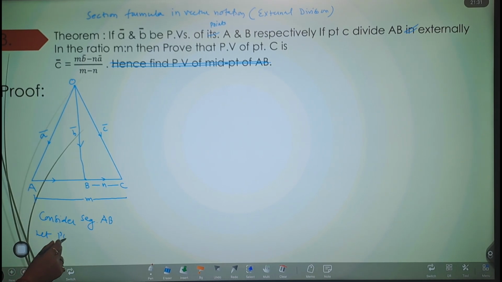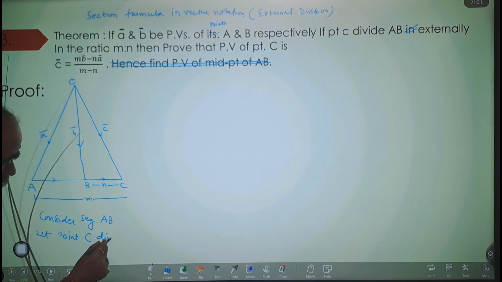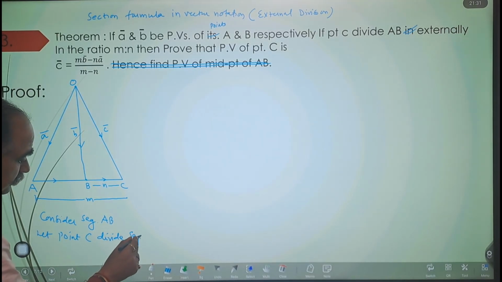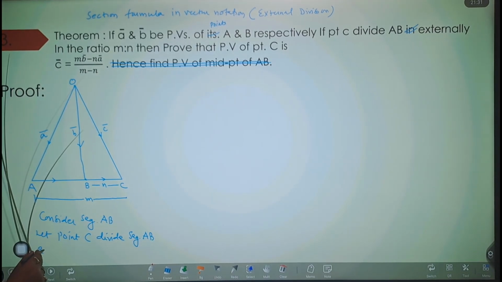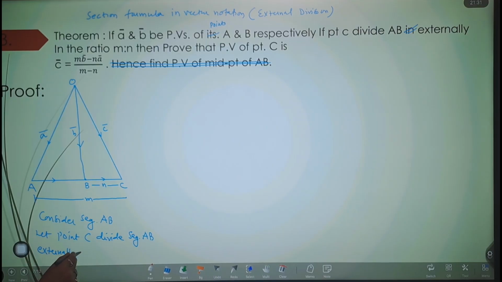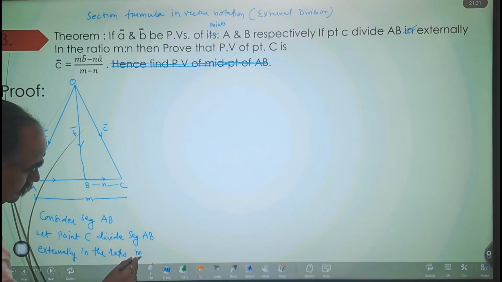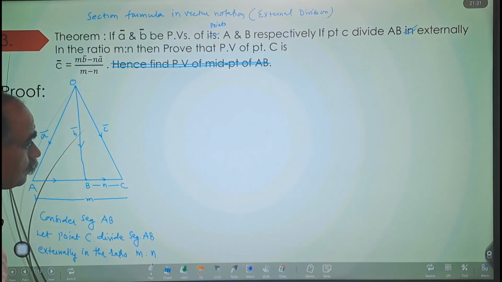Let point C divide segment AB externally in the ratio m is to n.